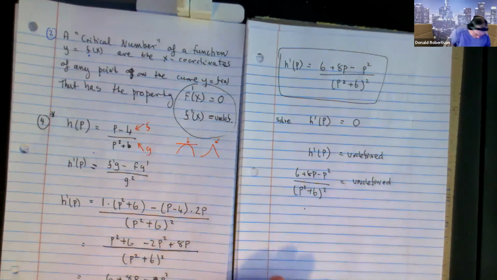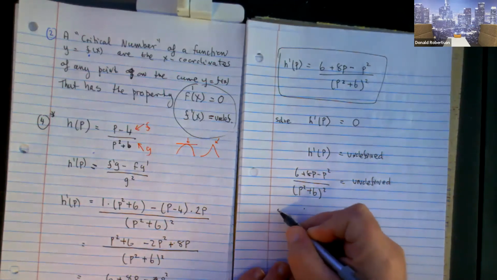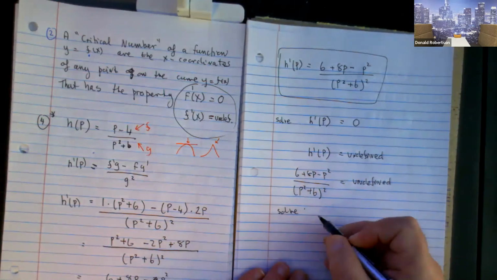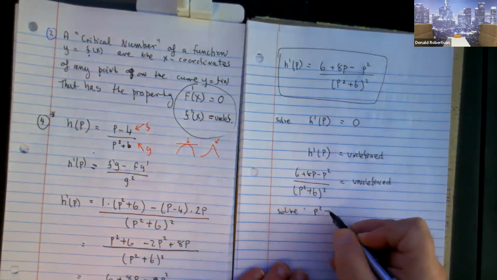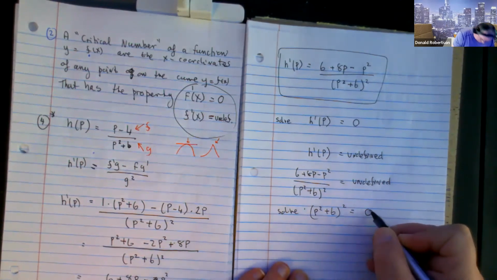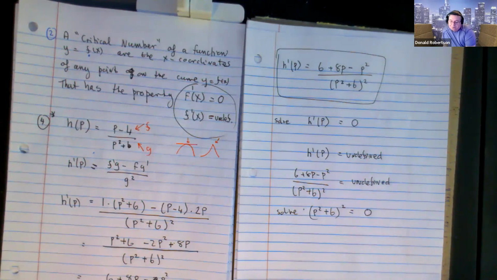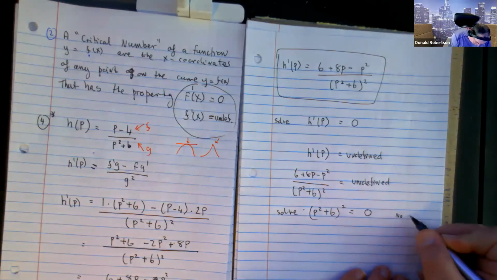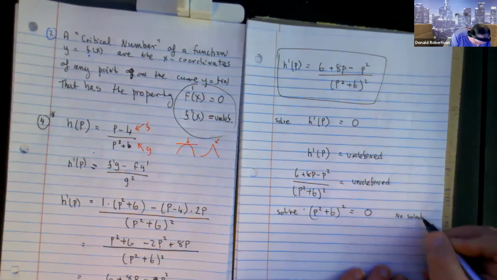So let's see if that can happen. All we need to do then is solve. When is this guy, if it's going to happen at all, equal to 0? Now, I can look at that and tell you that there is no solution. It's not going to happen.